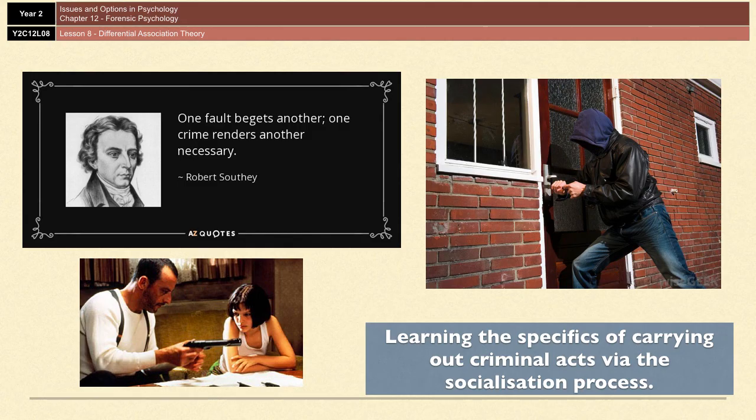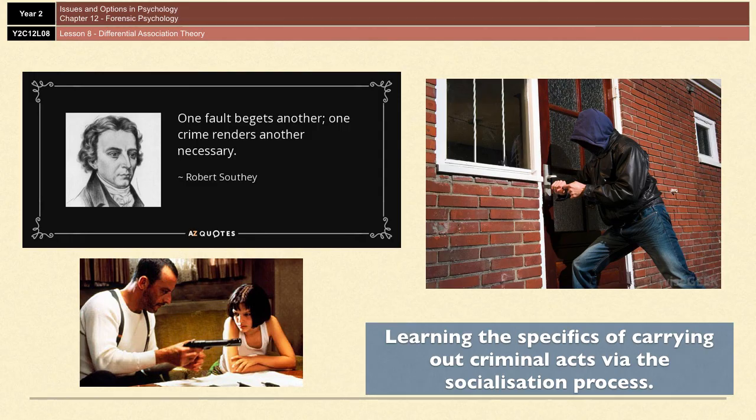Moving on, you've also got the learning of specific criminal acts via the socialization process. But this isn't just a socialization process within a family, it can be within a community or a social group as well. So the idea is that if you've got people around you who you spend a lot of time with and who are part of your group or your community or your family, and they do carry out criminal acts, then chances are you are going to learn from them how to carry out those criminal acts.